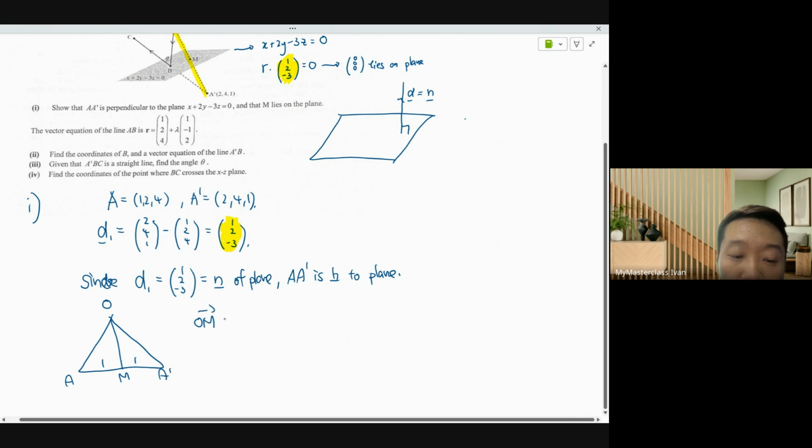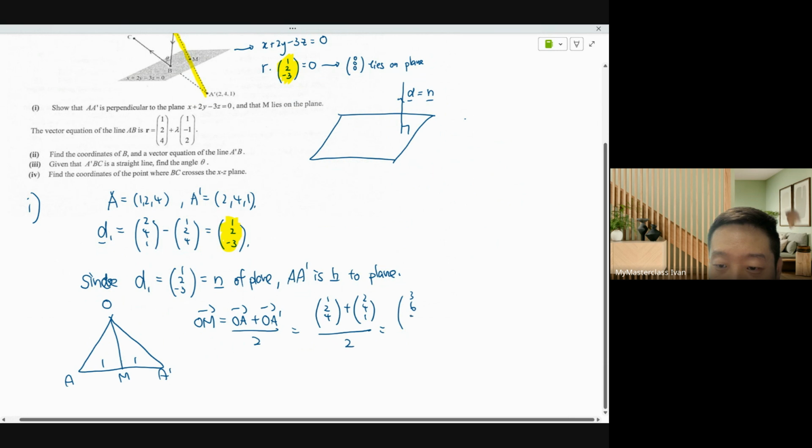OM equals OA plus OA prime over 2. So it's just going to be 124 plus 241 divided by 2, which is 365 over 2, which you can put as half of 365, or even leave it in doesn't matter.